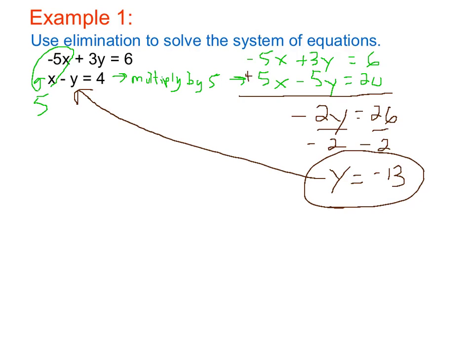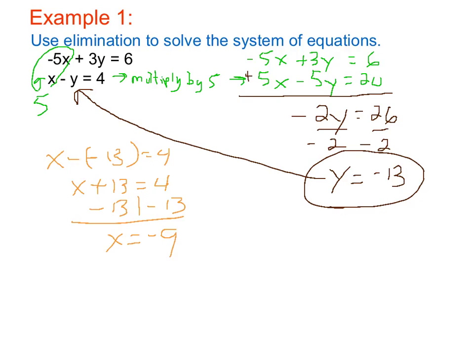So if I got x minus negative 13 equals 4, minus a negative is like adding, so I'll rewrite the equation as so. We want to solve this, subtract 13 on both sides. So x equals negative 9. We write our solution. Just remember that we've got to do the x value first, y value second.